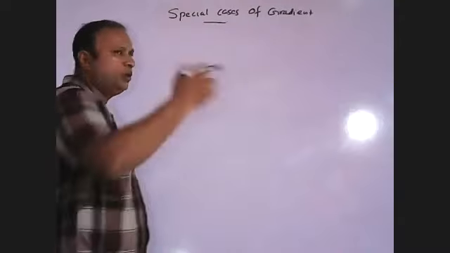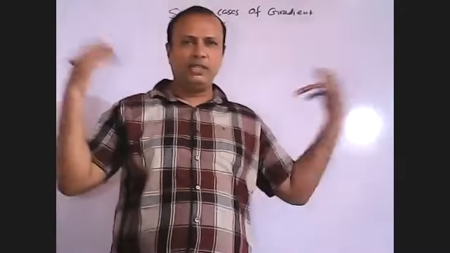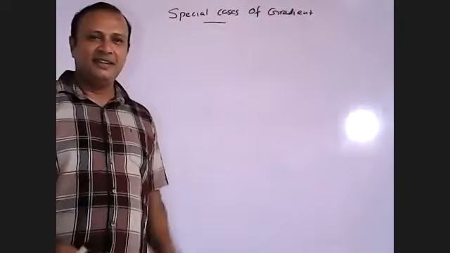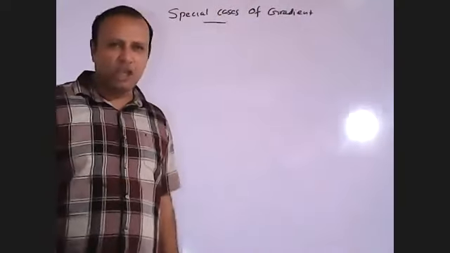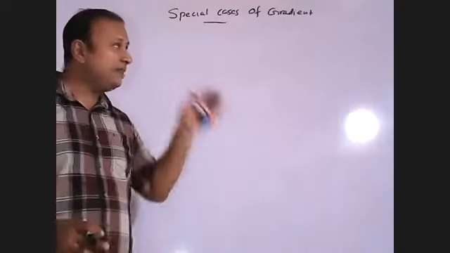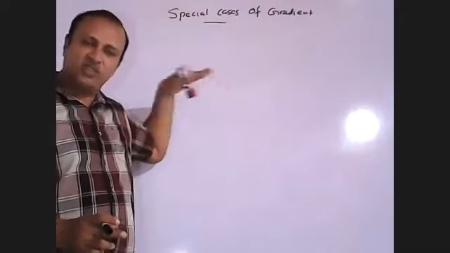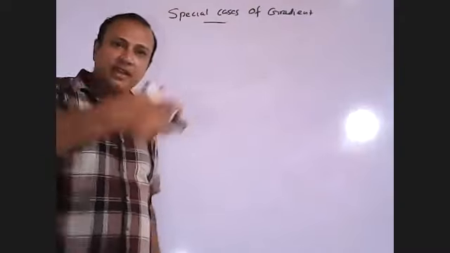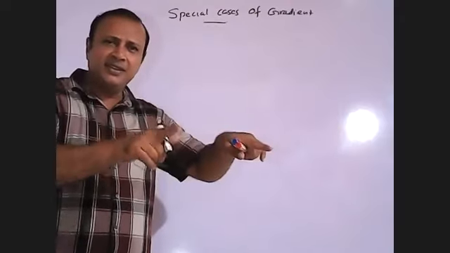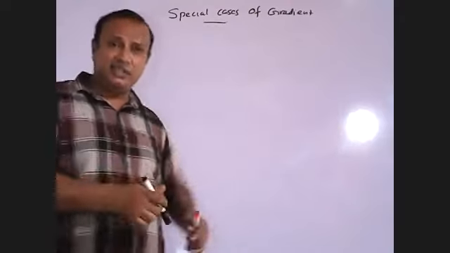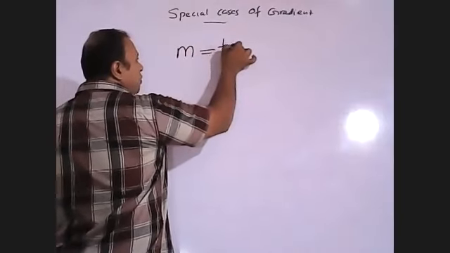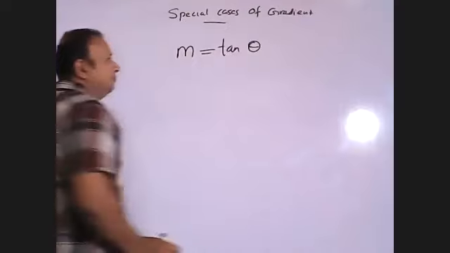Okay, everyone, please look at the board. I need your attention. Now I can go to the next argument. Now I can compare this result with our definition of gradient. The gradient is equal to the tan value, tan theta.